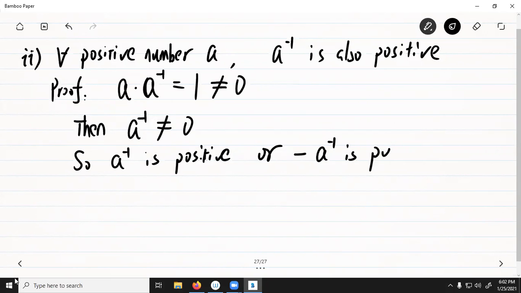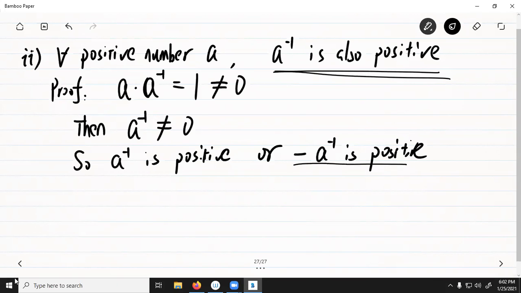A number is positive or its multiplicative inverse is positive. The property asks you to prove that A inverse is positive, so we should exclude the other situation. Let's see what we get if that situation happens.